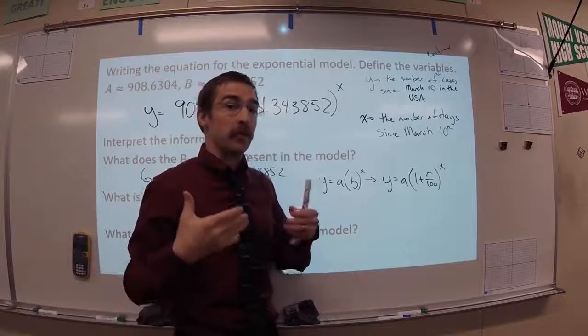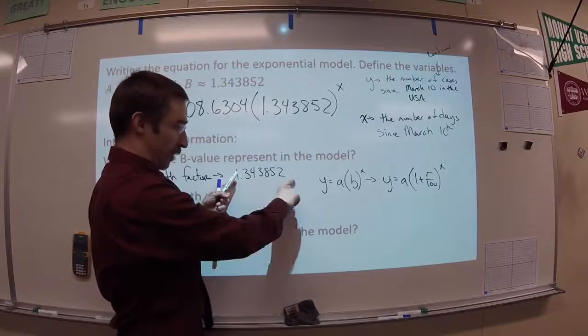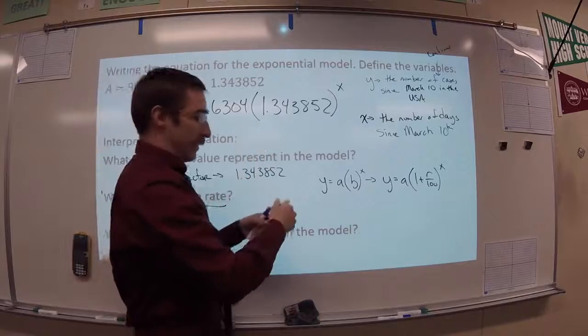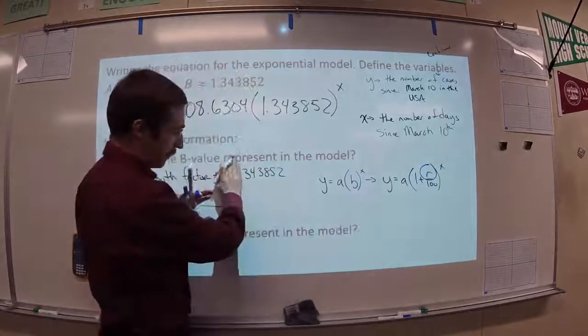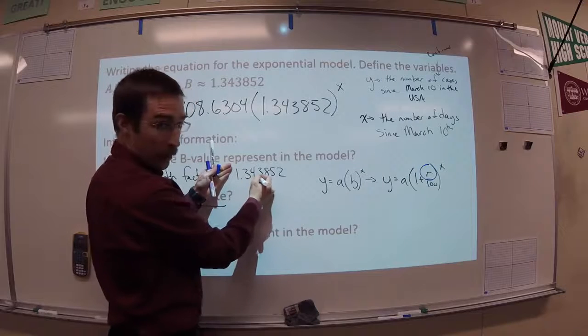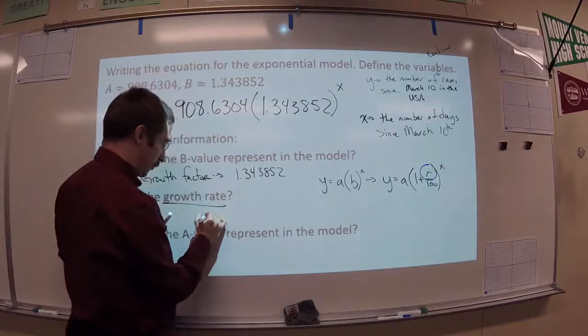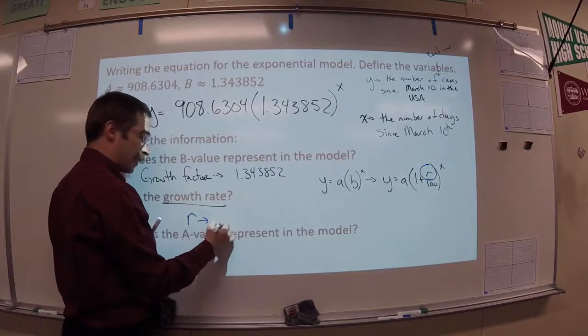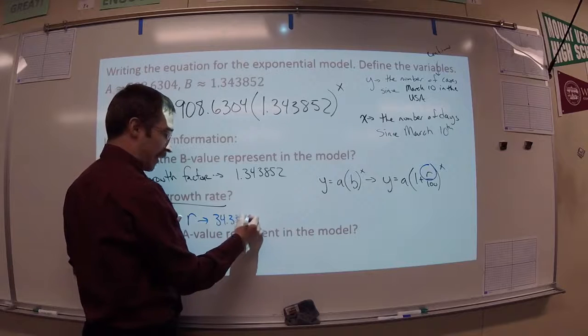What's the growth rate? The growth factor is the b value, 1.34. The growth rate is this r. So if I take away the 1 and move the decimal over a couple spots, in other words multiply by 100, I get the growth rate r, which is about 34.3852%.